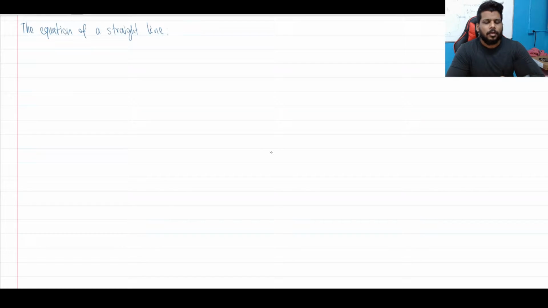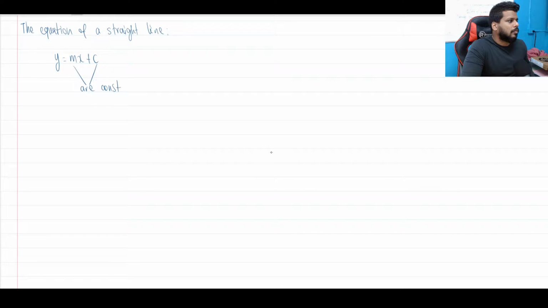Now, I'm sure most people probably know that the equation of a line is represented as y = mx + c. m and c are numbers, or we call them constants. x and y are variables.